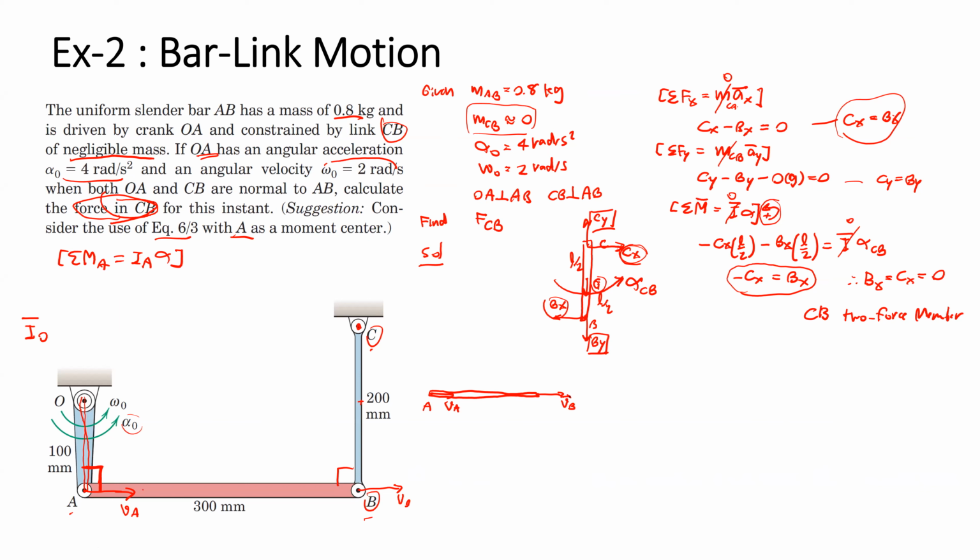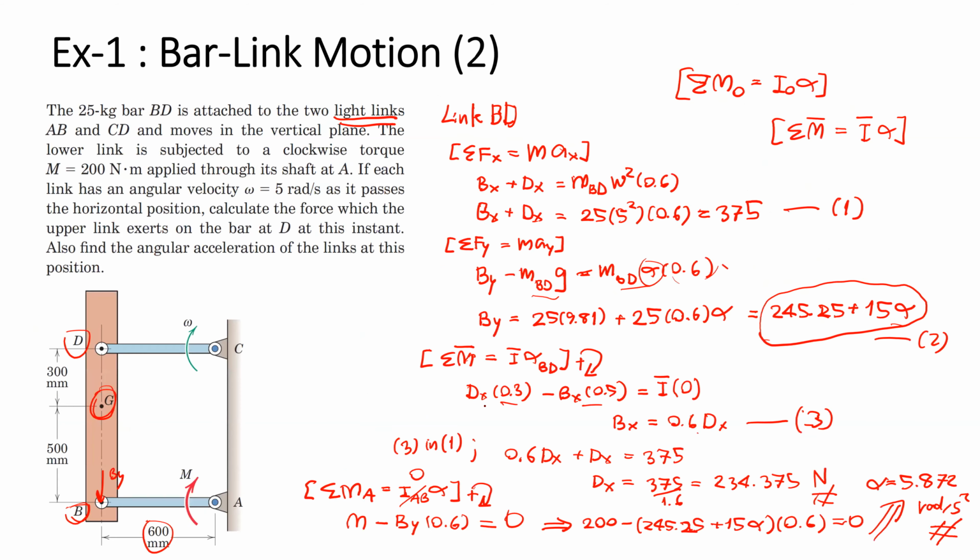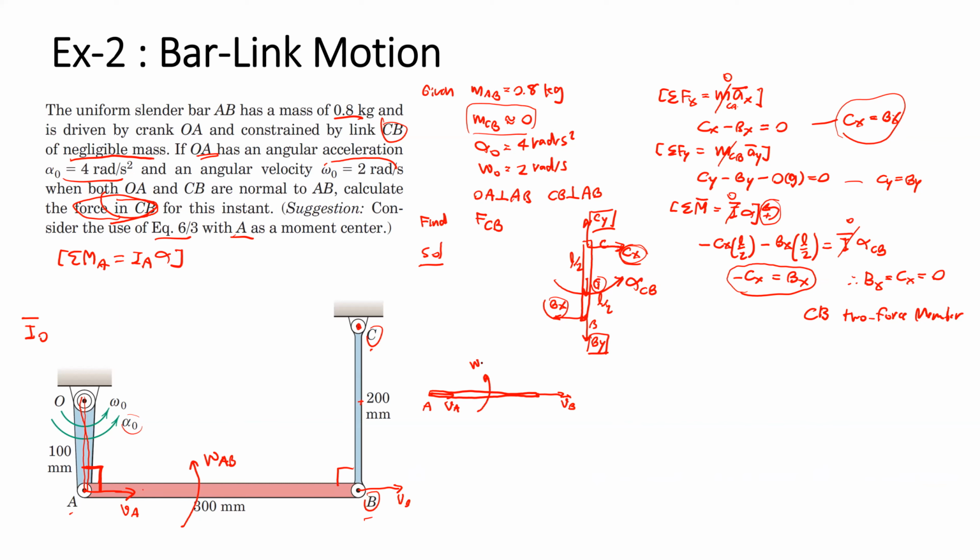If the link AB is rotated with omega AB, the relative velocity of B with respect to A will be in this direction.